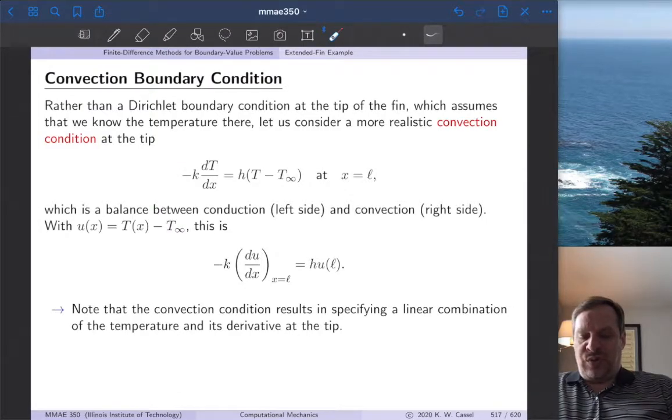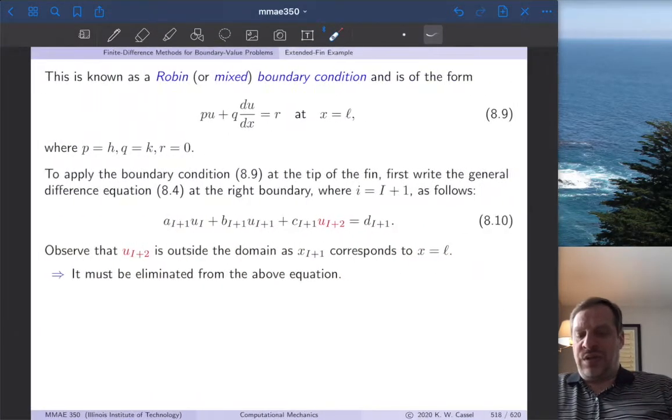What you'll notice is that, rather than u being specified at L, so u of L equal to some specified temperature, instead we have a linear combination of u and du/dx being specified. So we no longer know u at the tip. We have to calculate it, as you'll see. This is a specific form of what's known as a Robin boundary condition.